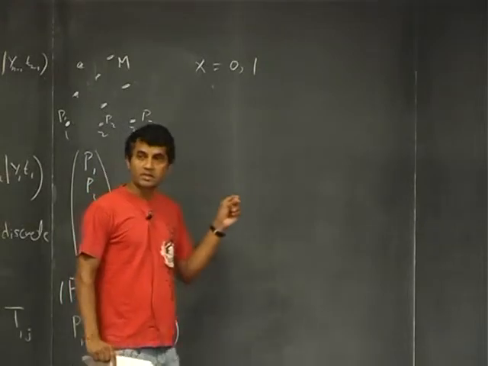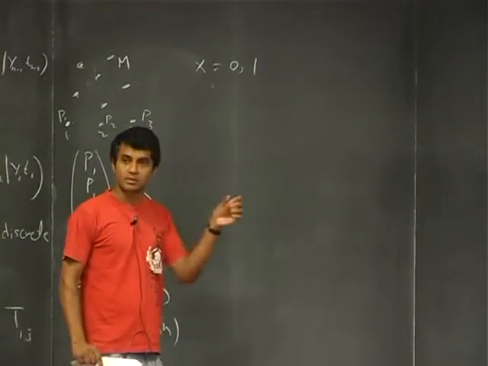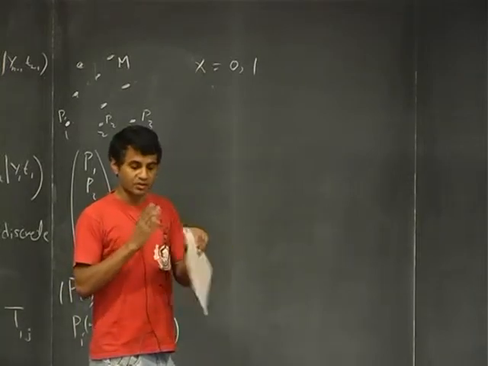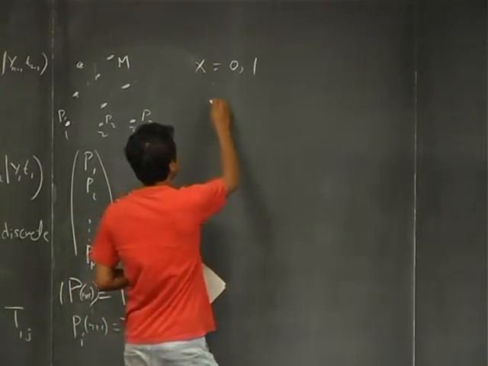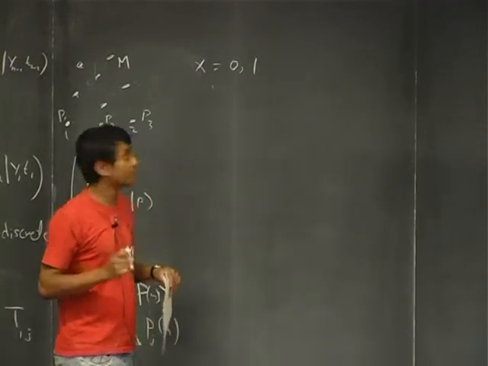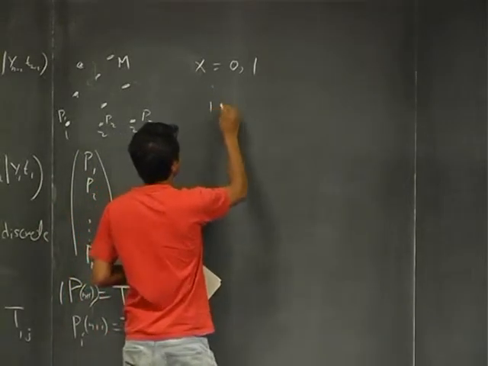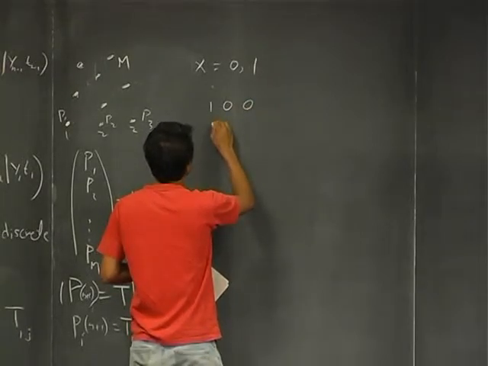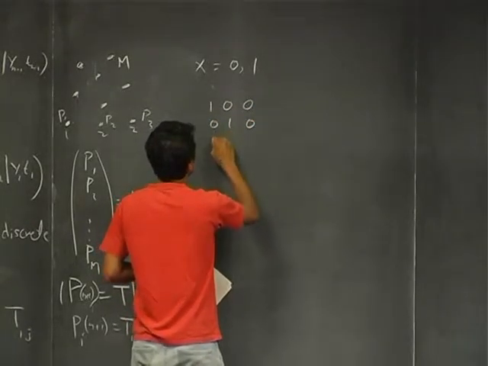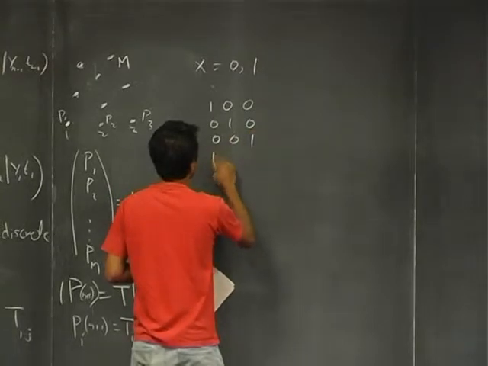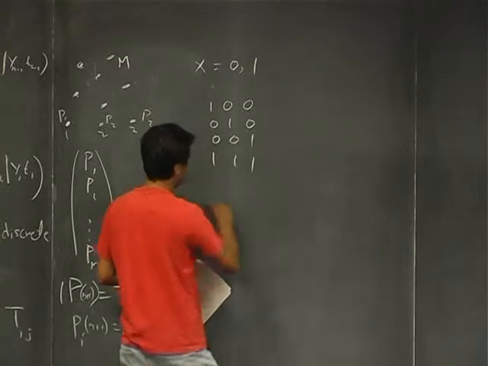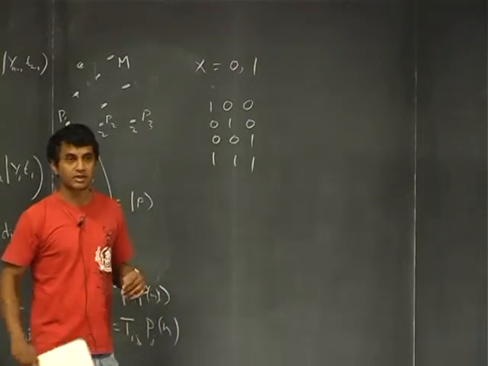Stochastic process means I have to give probabilities of all possible sequences. Supposing I look at three time instants, and I give the probabilities of all the possibilities. In three time instants, there are 8 possibilities: 1, 0, 0, 0, 1, 0, 1, and four others.